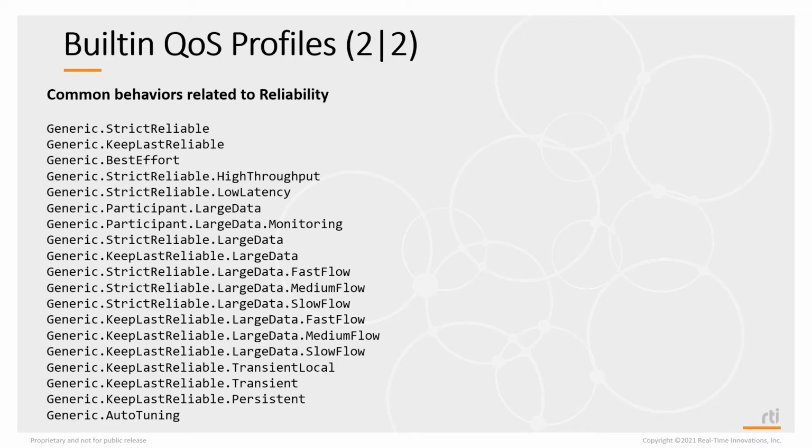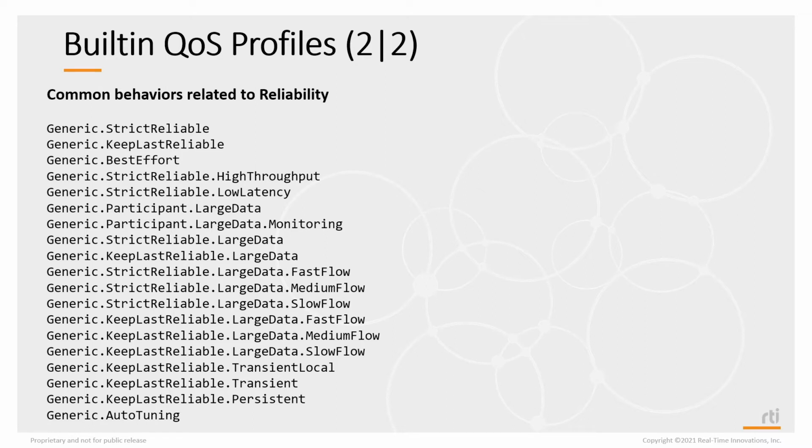And the most useful ones are the generic strict reliable, the generic keep last reliable, and generic best effort. The rest of these profiles, I think they're mainly useful as education.